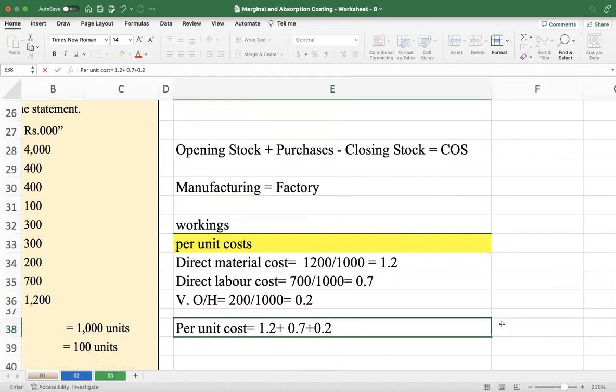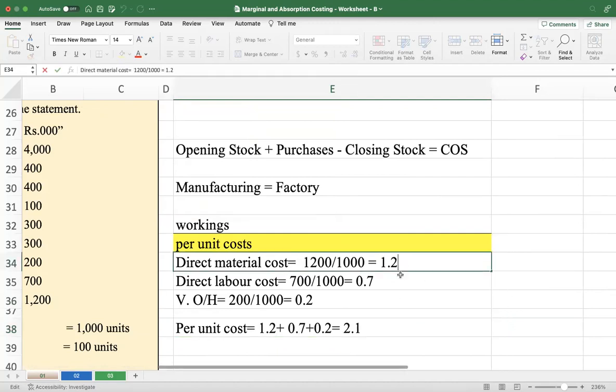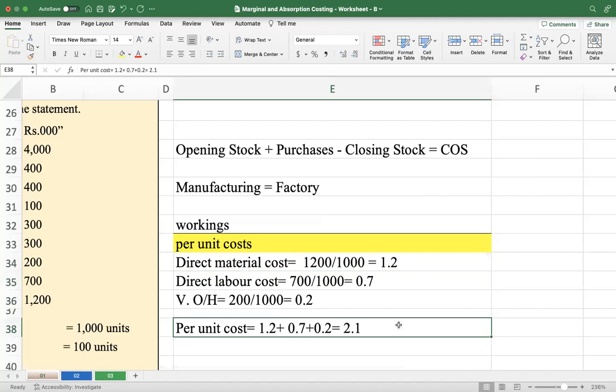That is how much? What is the per unit cost? 2.1, right? We added all these per unit costs and got the value. Is it clear? I hope it's clear to you all.